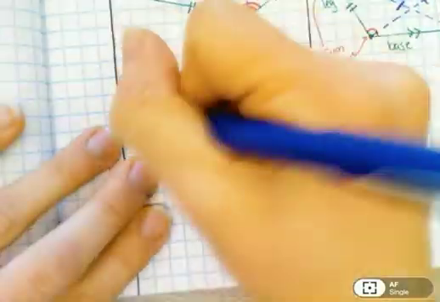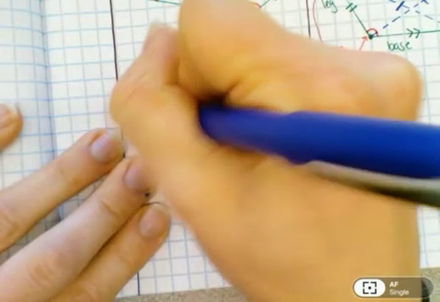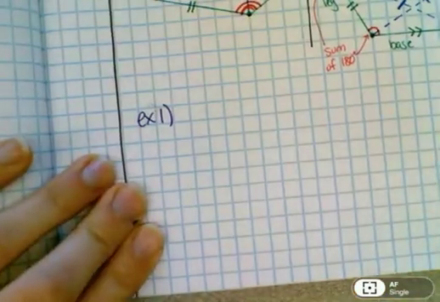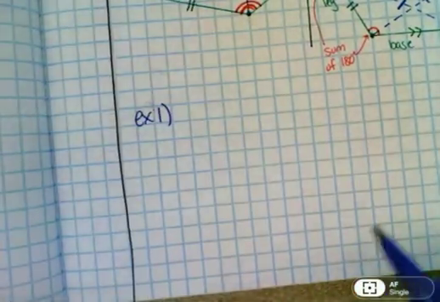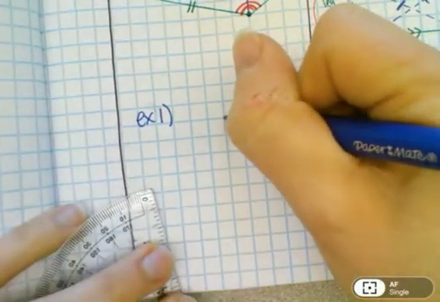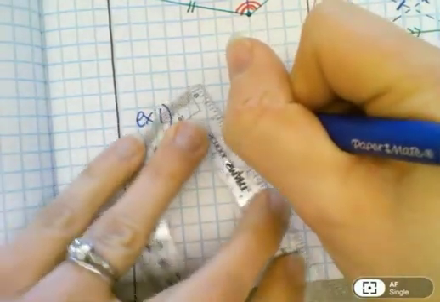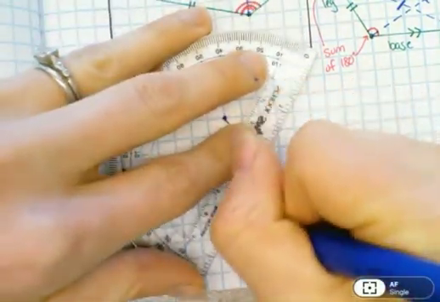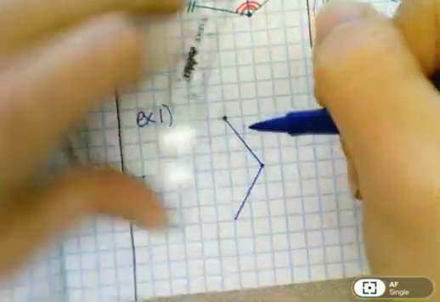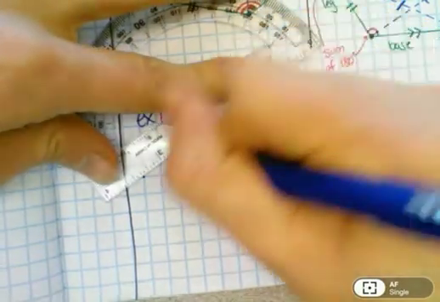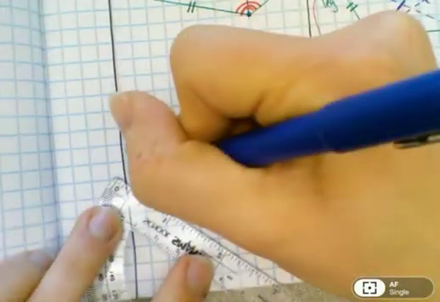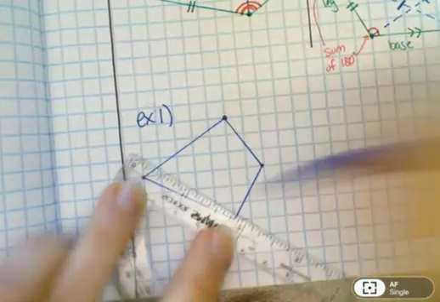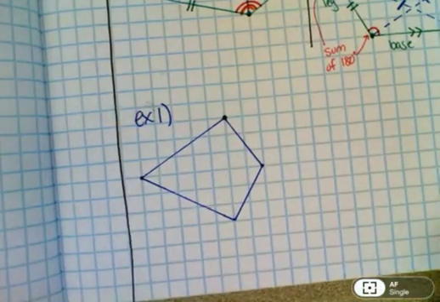All right, example 1. We're going to draw a kite. And you can try to make yours look like mine, or you can make your own kite. It doesn't really matter. Try to make it at least sort of the same shape as mine. All right, there's a kite.